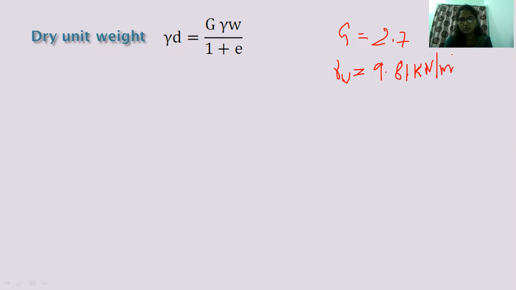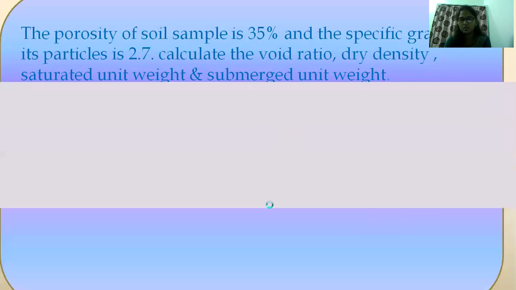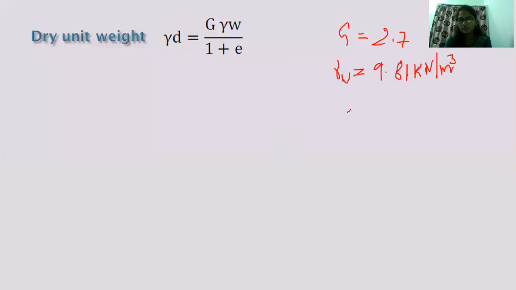And what is the value of void ratio? Void ratio e we determined in the first step as 0.54. These three values we substitute in the dry unit weight.